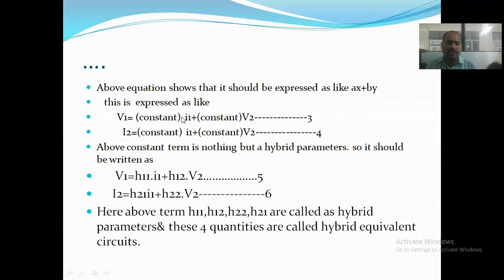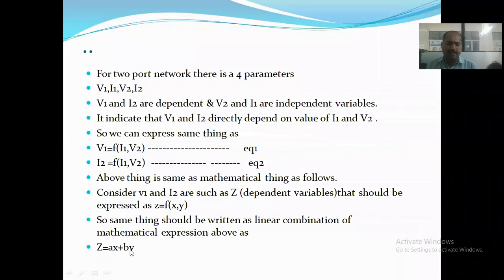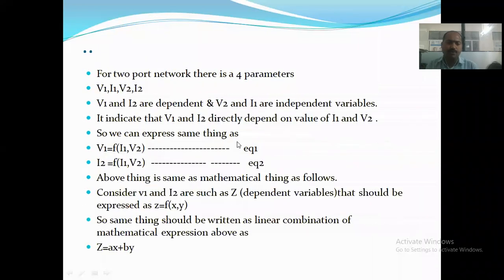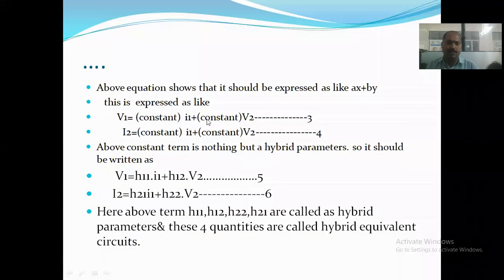So constant into I1 plus, now see the other term, B is a constant into the Y variable, which is phi2. So constant into phi2, right? This is the equation. I am telling you this equation again.